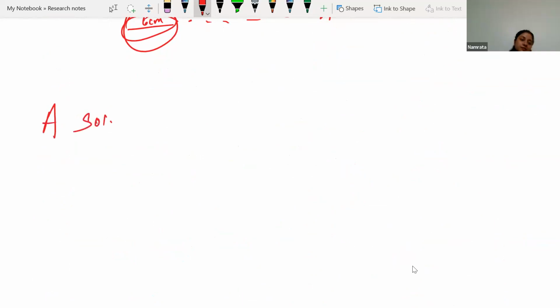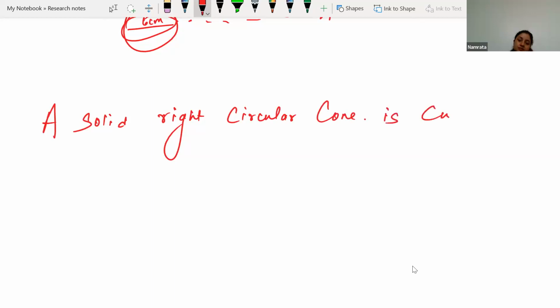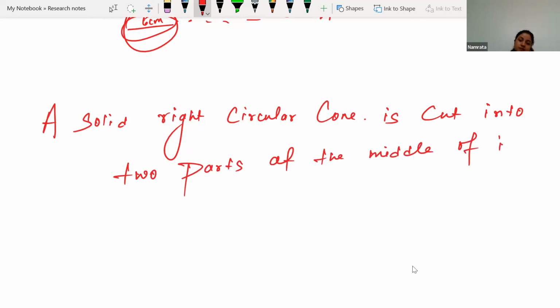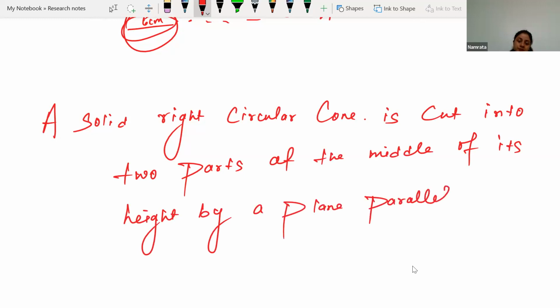A solid right circular cone is cut into two parts at the middle of its height by a plane parallel to its base.